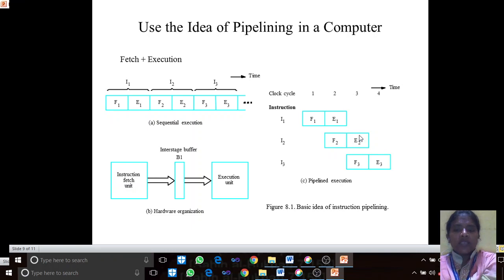While the second instruction is in the execution phase, the third instruction can be fetched. So with the help of pipelining, you can see that it uses 4 clock cycles. If it is not used, it may consume 6 clock cycles without pipelining. So this is the basic idea of instruction pipelining used in the computer.